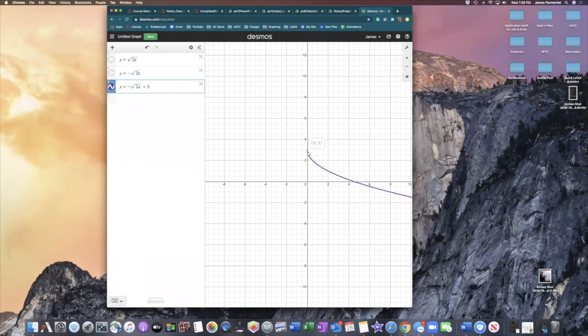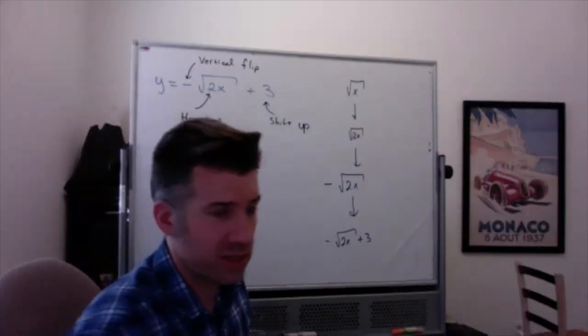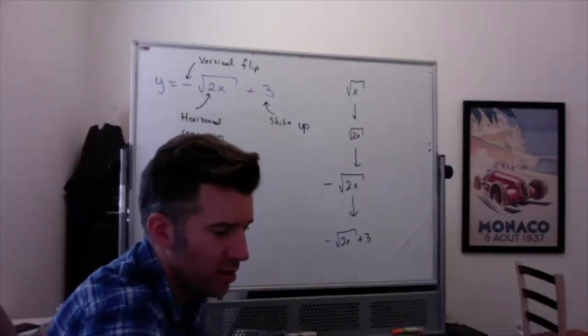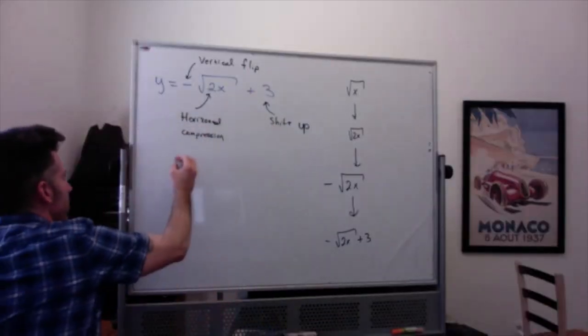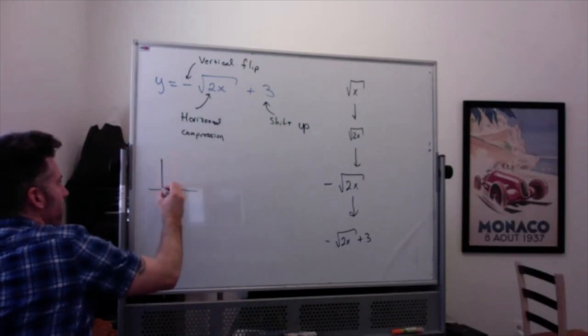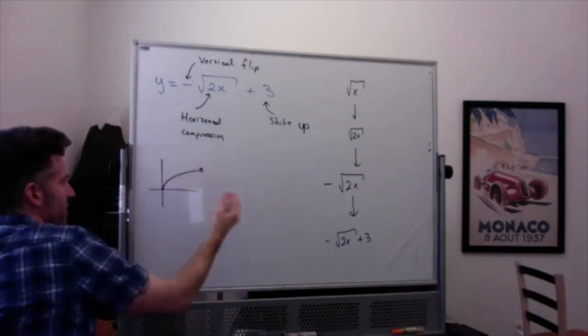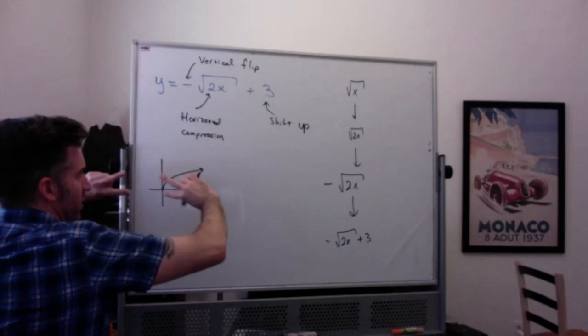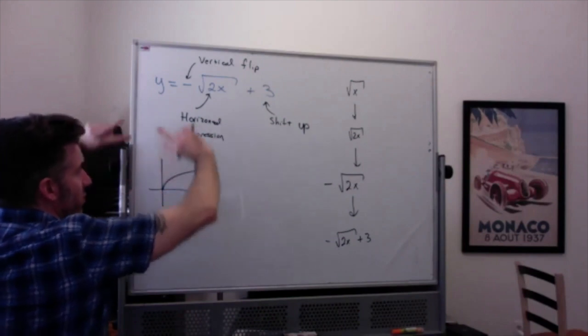If I was graphing this without using Desmos, I probably don't want to graph all the graphs. We certainly can, but we don't have to. What I might do is think about what's going to happen. I can see that my original graph of the square root of x is going to get smushed in, flipped over, and moved up 3.